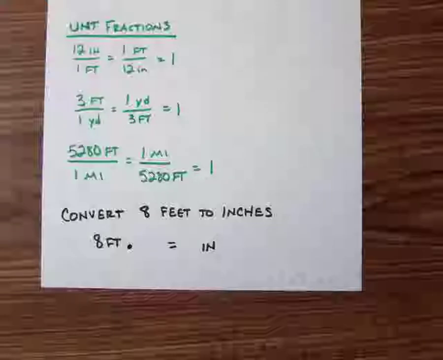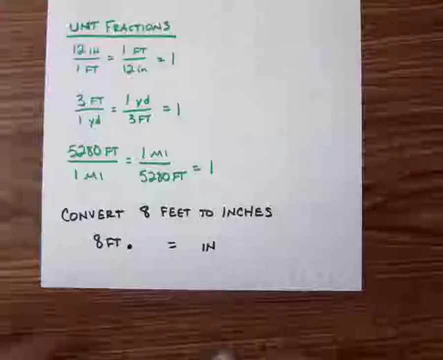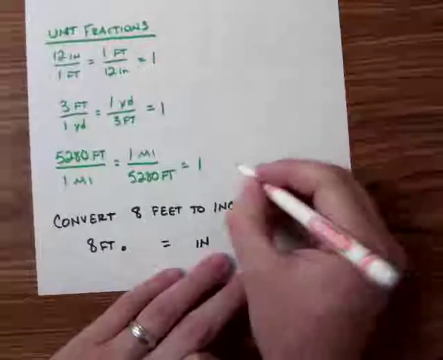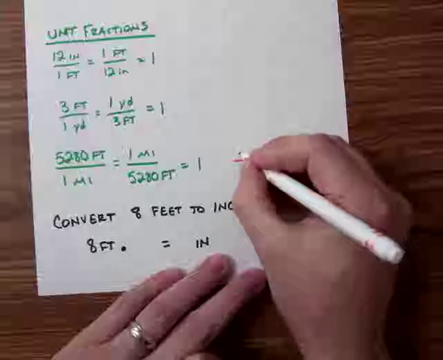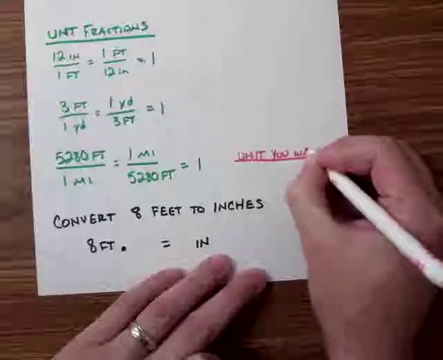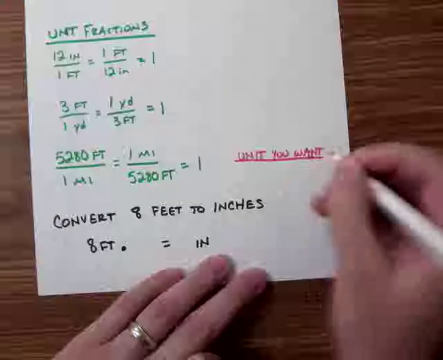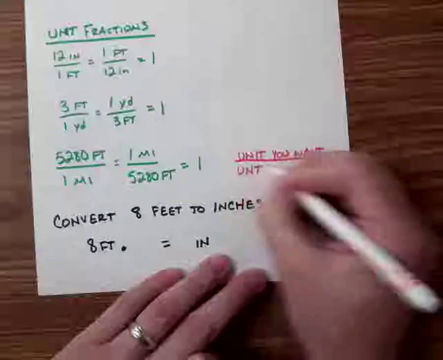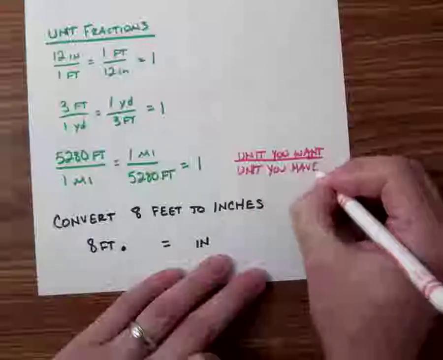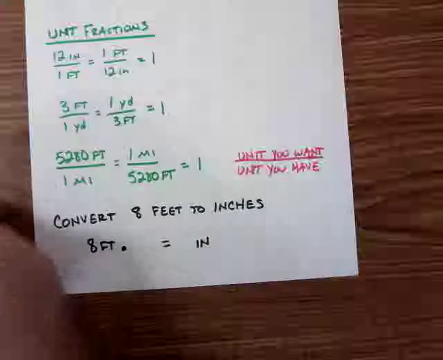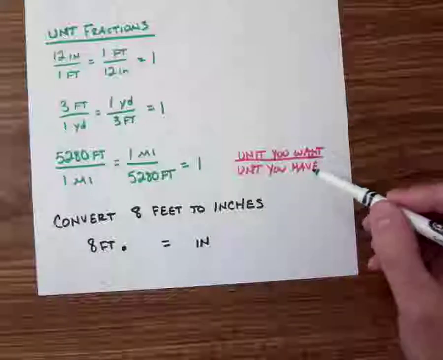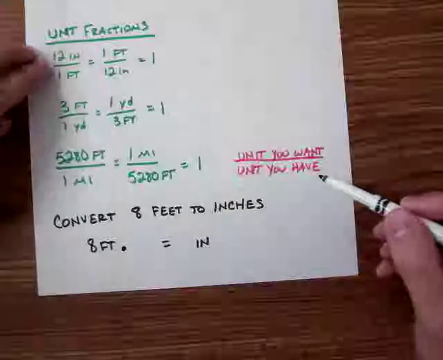The way that you can tell is you use the unit fraction where the numerator is the unit you want, and the denominator is the unit you have. So we have feet and we want inches. So we're going to do the fraction that has inches over feet. 12 inches over 1 foot.